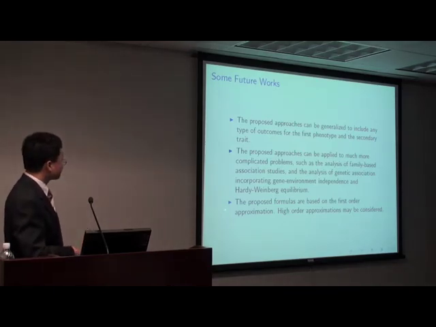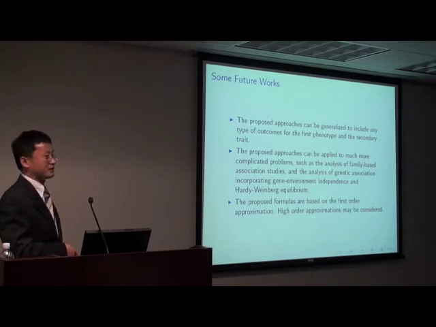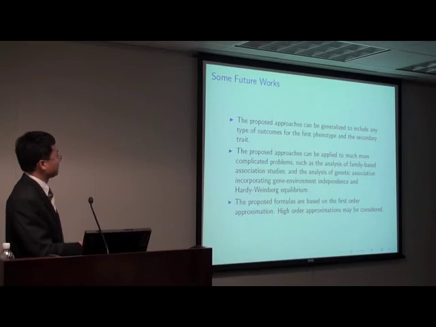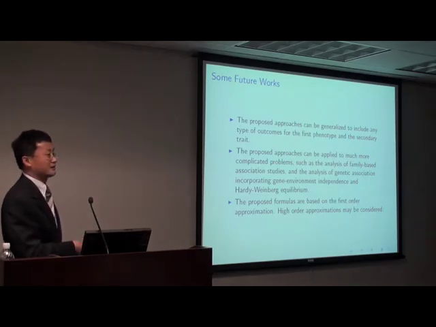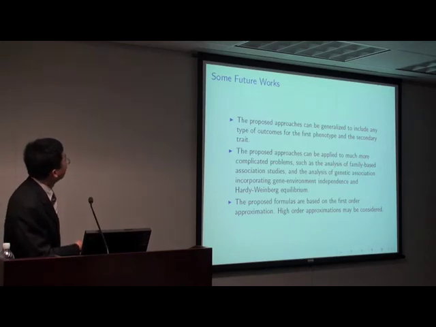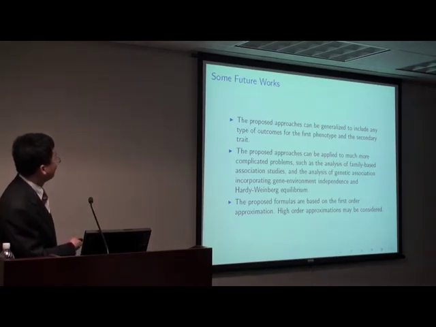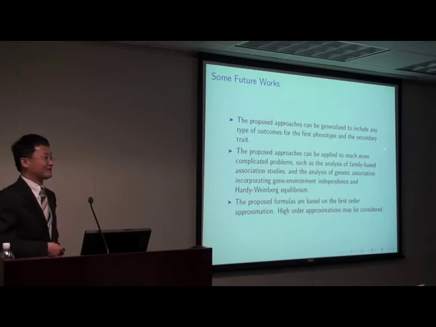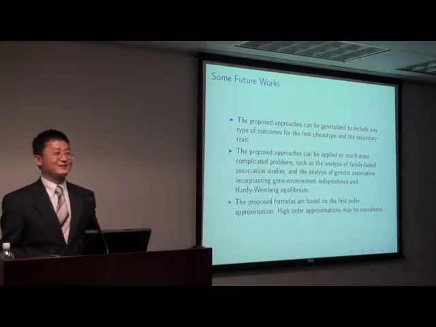We can also improve this correction approach by higher order approximation, but if you do that, then the formula is not that simple. There's some future work. Actually, we have done some of these things. Thanks for your attention.